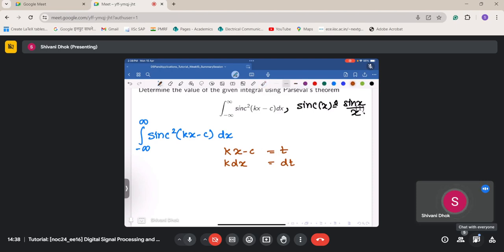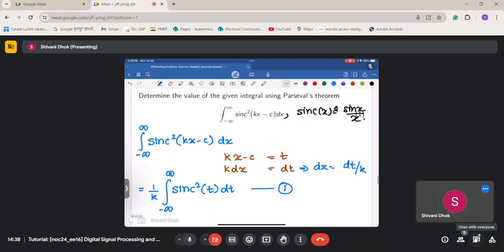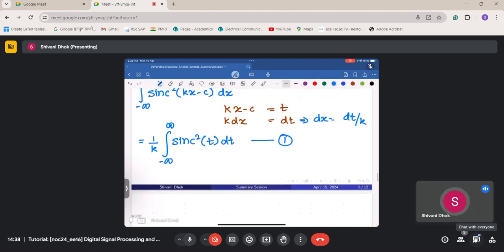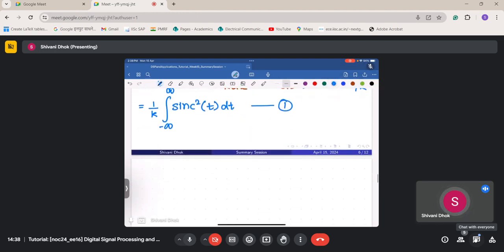So I can replace dx as dt by k, which gives 1 by k times the integral from minus infinity to infinity of sinc square t dt. Okay, now just number this as equation 1, and everything is happening in, let's say, continuous time.